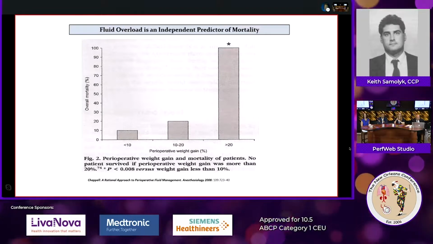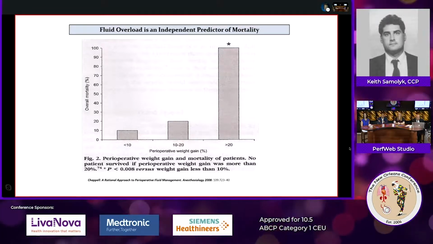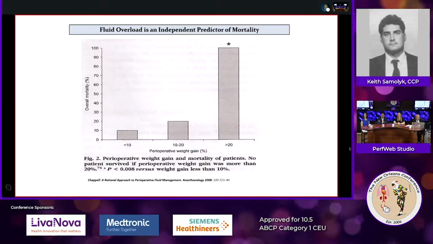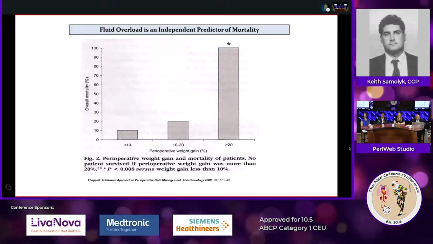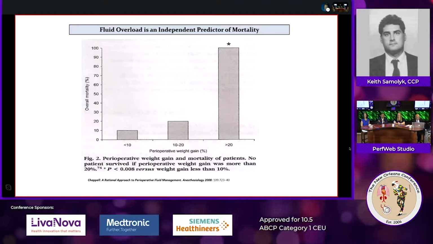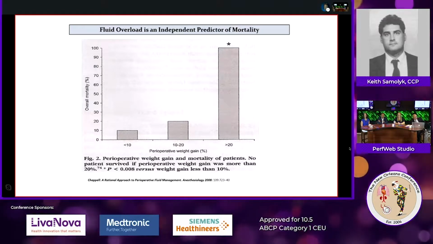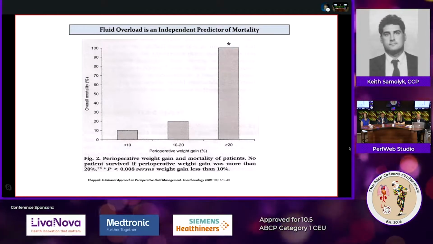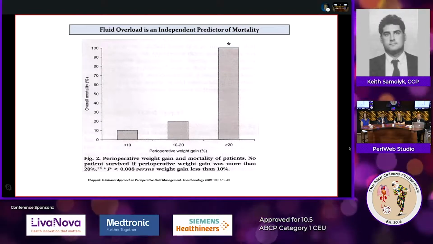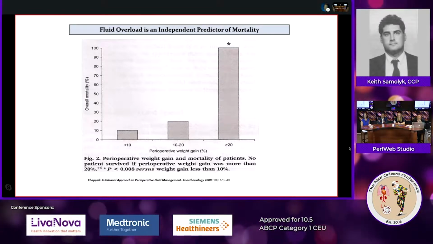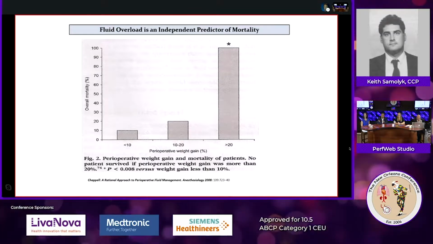And if you increase your body weight from pre-op to post-op by between 10 and 20%, you've increased your mortality by 20%. And then anything over 20%, and again, this is not treated with diuretics or trying to get the volume off by ultrafiltration or whatever. Untreated, anything over 20% is 100% mortality rate. And that's, again, in that Chappell paper that you should definitely read.